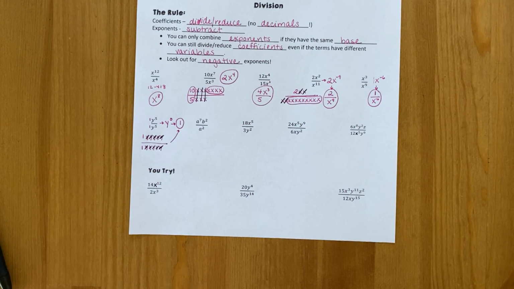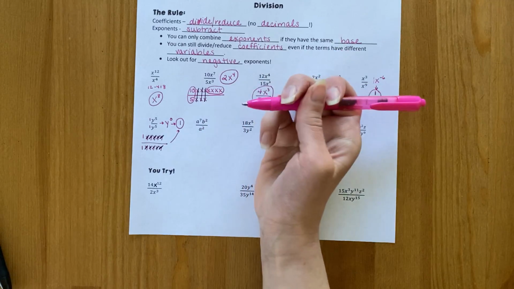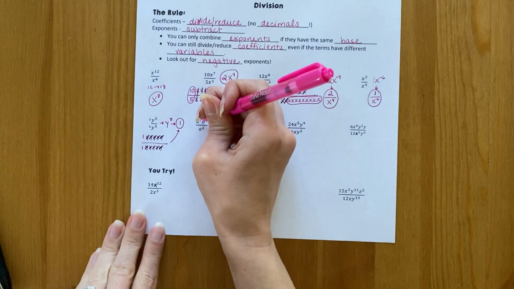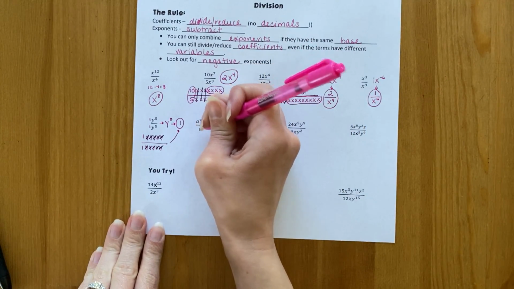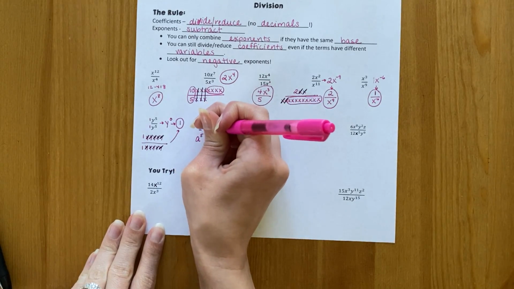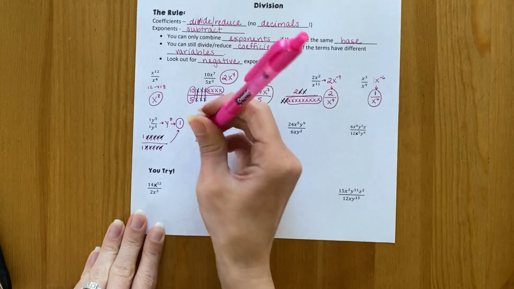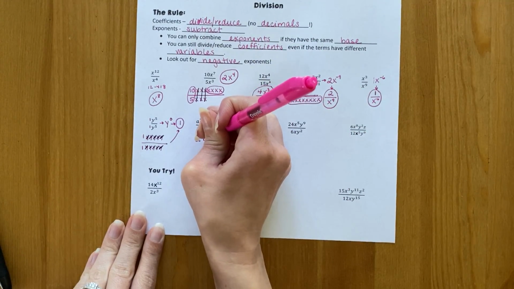All right, we start throwing in multiple variables here on the next example. So this makes sure that we touch on the fact that I can only combine a's with a's. I can't combine a's with b's. So if I have a to the 7th over a squared, I can turn that into a to the 5th, getting that from 7 minus 2. The b squared didn't have any b's on the bottom to cancel with or to do anything with, so it just stays in the problem.